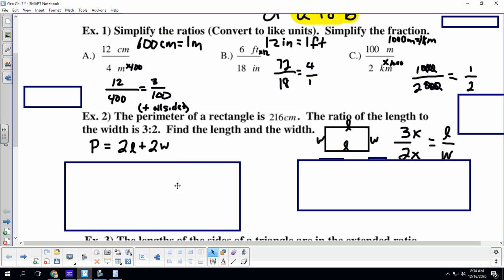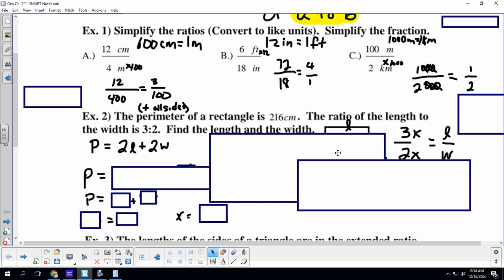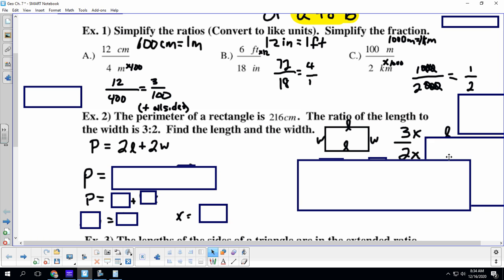Okay, so we'll go back over here. So our perimeter is 2 times length plus 2 times width. Length is 3x, width is 2x.